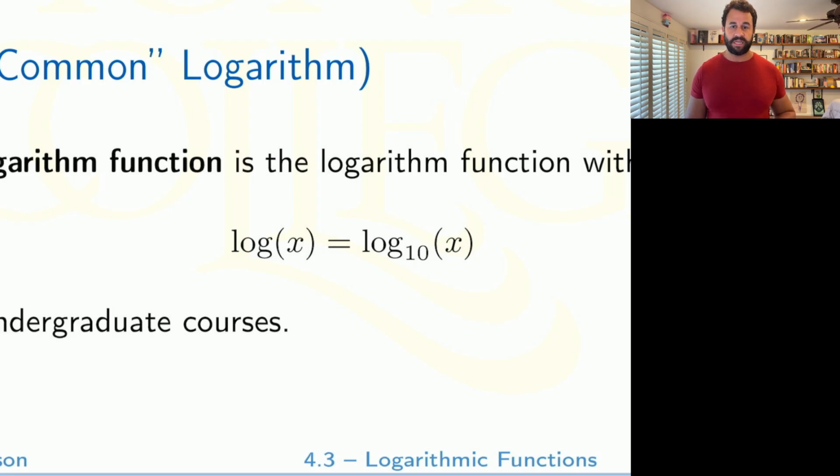Many textbooks at this level, and in this course, whenever you see log on its own, it means log base 10. If it's ever missing the base, for now, you can just assume that it means base 10, okay?